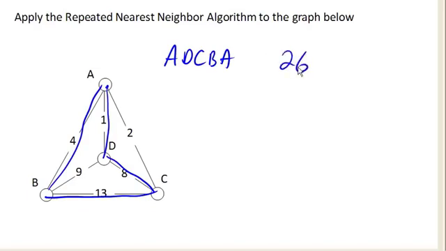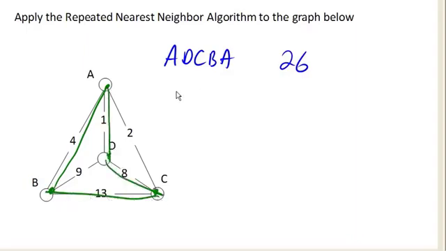And that's not a particularly great circuit. Okay, so let's try again. This time, let's start at vertex B. From vertex B, our cheapest option is up to A, and from A down to D, and then my only option is this way and then this way.